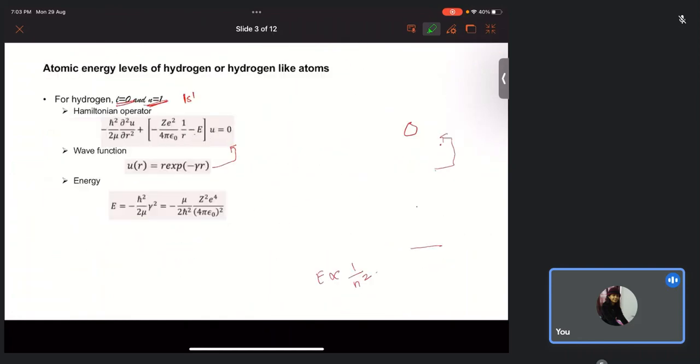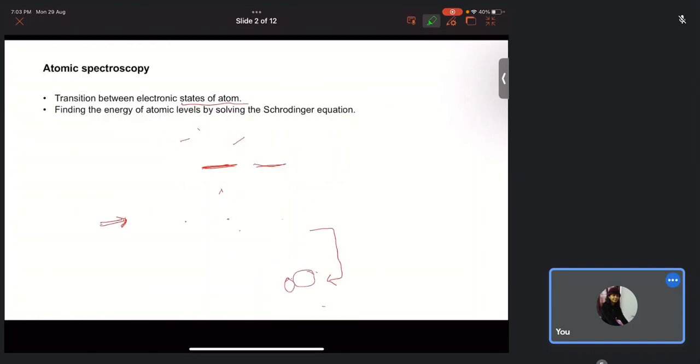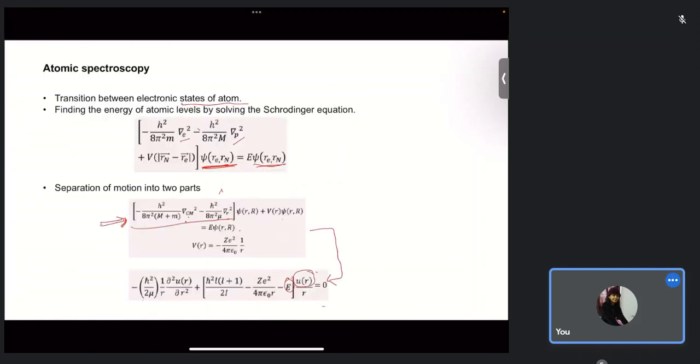So let me just summarize what we have done today. Today we have first discussed the Hamiltonians that we dealt with at the beginning of the class, and we came to know how we separated it into two parts based on the motions that are happening, and we came to the Hamiltonian which looked like this.